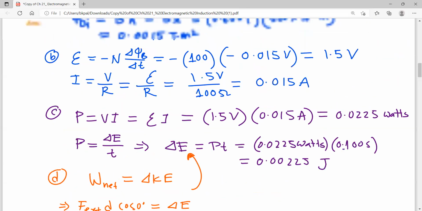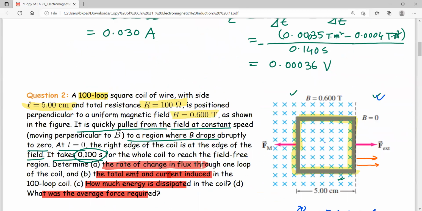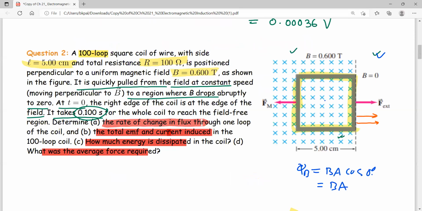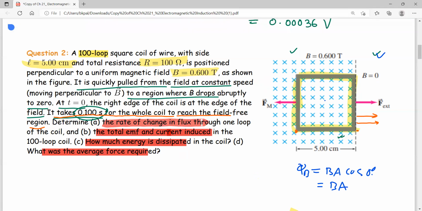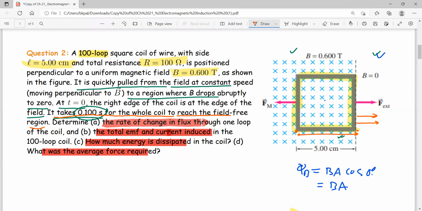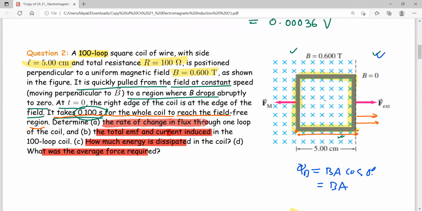Why is it this? Because the question tells us that it takes 0.100 second for the whole coil to reach the field-free region. So let's say this point: to bring this point to this point, it takes 0.100 second. And what is this distance? This distance is 5 centimeter. When it is out of the magnetic field, it looks like this.